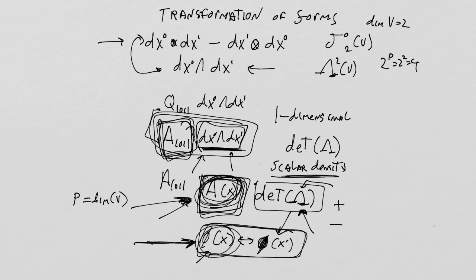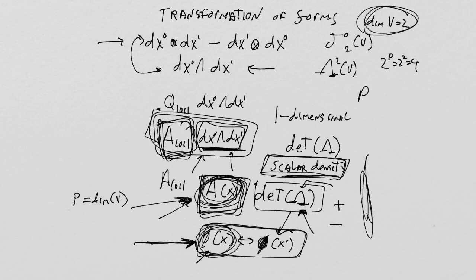This one does not. And that's why one is called a scalar density and the other is not. So this is what we want to explore a little bit more in this lecture. Not only do we want to understand this, but we want to understand cases where the dimension of the vector space and p are different. So let's begin.